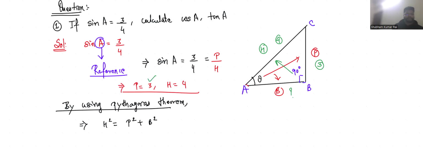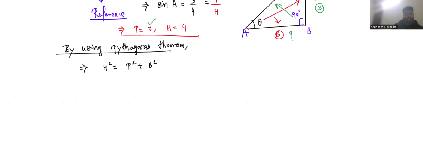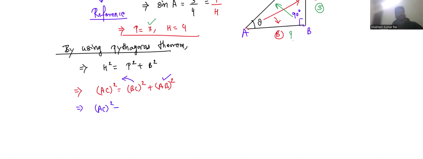Moving further, the hypotenuse is AC square, the perpendicular is BC square, and the base is AB square. Here we need to calculate the base, that is AB, so we will shift it. For transposition, the positive becomes negative. So it will be AC square minus BC square is equal to AB square. If we solve it further, what will we get?